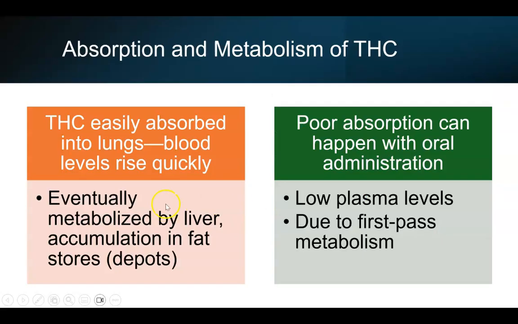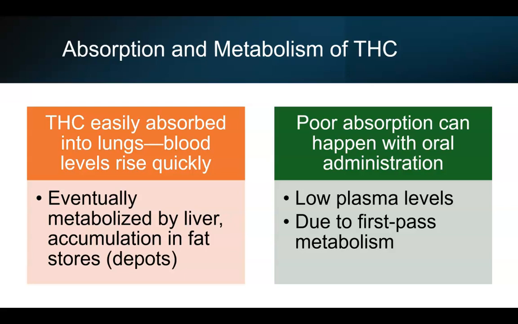One of the things I forgot to mention on the other slide is that when the liver metabolizes THC, it is stored in drug depots, particularly in body fat. Remember that drug depots take all comers, so THC is going to be stored in those depots.